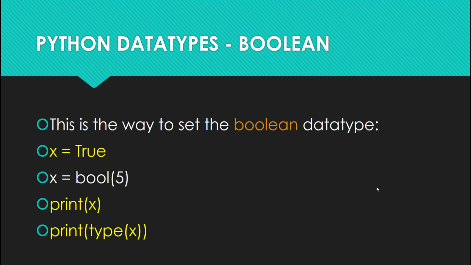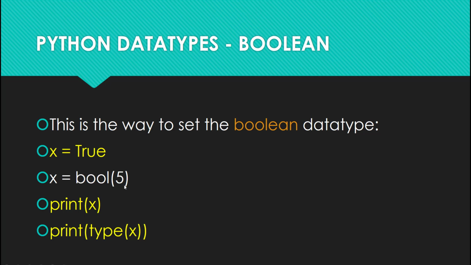Next we have the Boolean data type. So the Boolean data type uses the value true or false. As we can see in this example, true has been assigned to X, and it can also be expressed with the bool function on a value to specify whether a value has been given. So if a value is given, it gives the value of true.